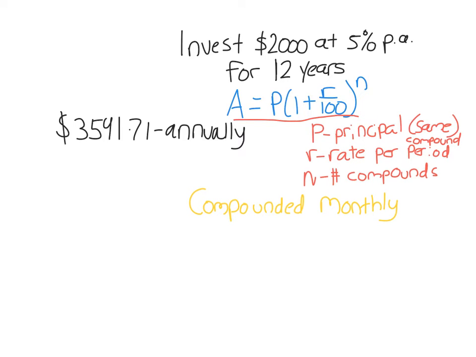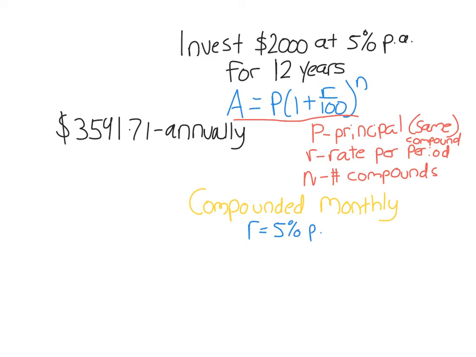Now, N is still the number of compounds, but if we compound monthly for 12 years, suddenly there's not going to be 12 compounds as there were in the previous example. The number of compounds would be 12 a year for 12 years, which is 144. So what does this all mean? Well, in this case, R is 5% per annum.